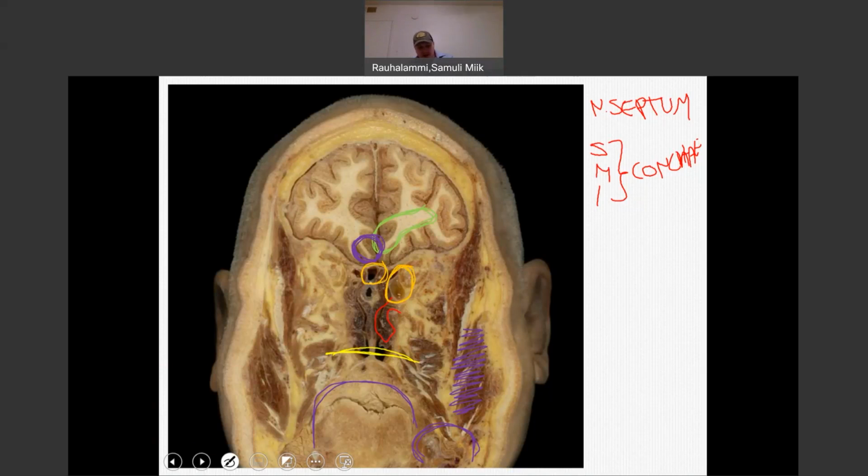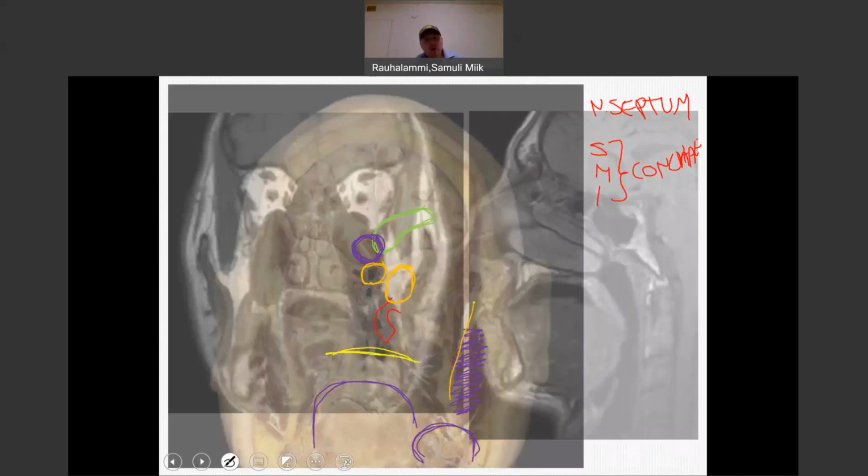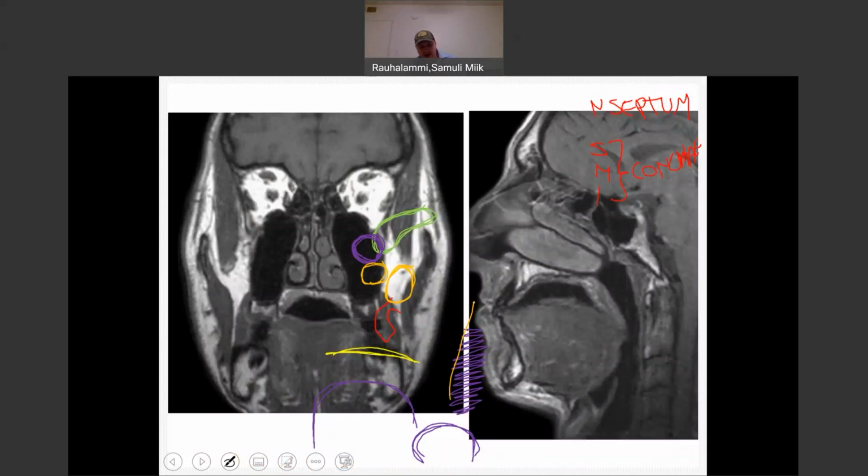I just want you to be able to see those. I think we might be starting to see the parotid duct getting cut there on the left cheek, lateral to the masseter, and we can see a lot more also on an MRI image.